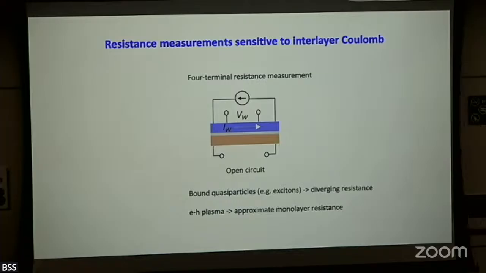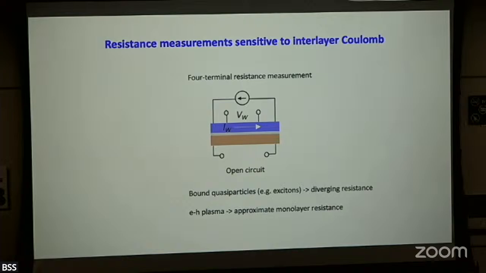So the value could be different, but the behavior would be the same, right? So if I flow holes here and leave that layer open, then I also get a very high resistance state. That's something we haven't looked at very carefully. Most likely, but there's also contact resistance involved, so it's probably hard to directly compare the numbers.